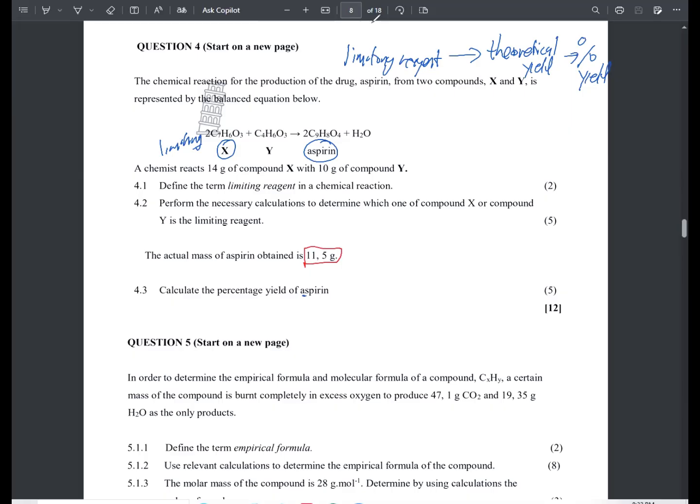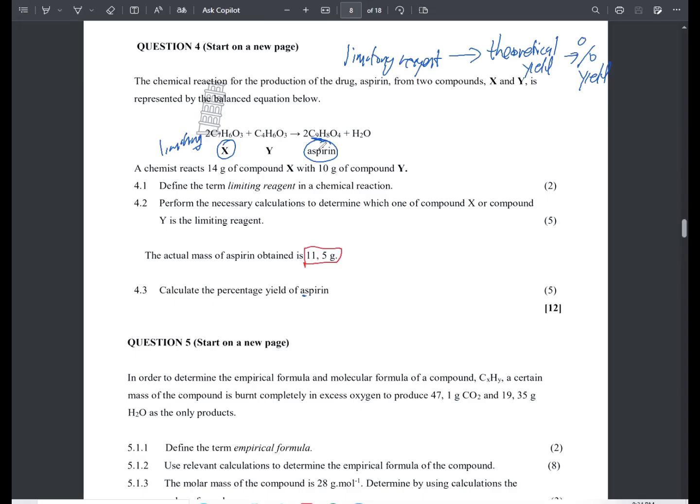So now that you have found the limiting reagent, it means in order to find the number of moles of the aspirin, you would have to relate the limiting reagent to the aspirin. Do not, and I repeat, do not compare the molar ratios of the excess reagent to the one that you want to calculate the product. It's always the limiting reagent that will tell us of the theoretical yield.